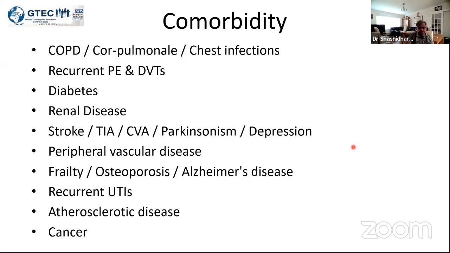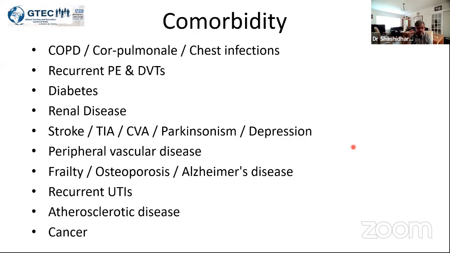Diabetes, renal disease, Parkinsonism. Parkinsonism is a very important thing because Parkinsonism medications are very, very key. And if patients with Parkinsonism have Lewy body related dementia or Parkinsonism, you need to be careful when using antiemetics or benzodiazepines.